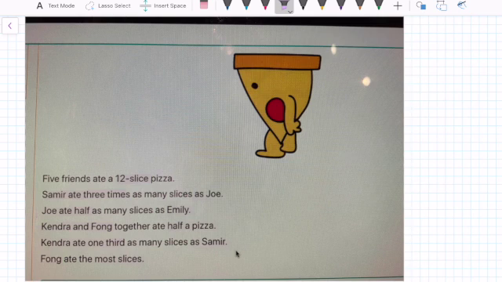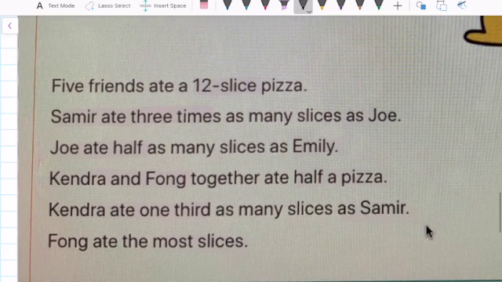So how I would suggest you guys go about it is first give these people variables. So I would have S for Samir, J for Joe, E for Emily, K for Kendra, F for Fong.